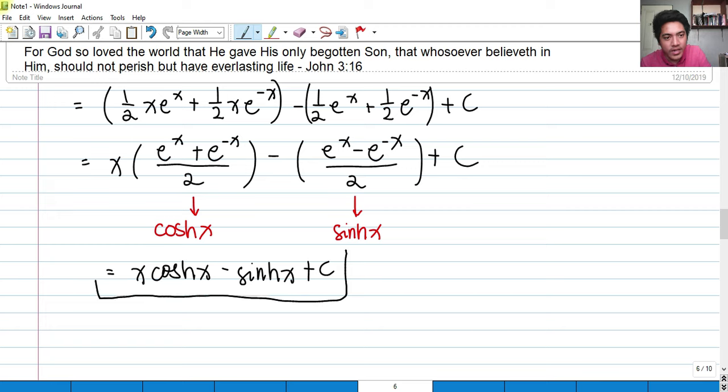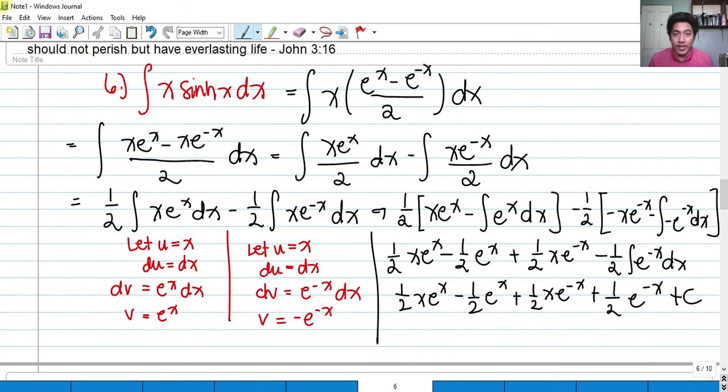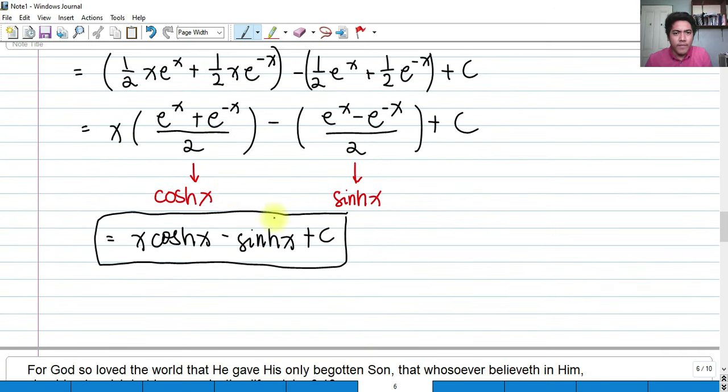That is our answer for that integral. And if you do integration by parts from the very beginning, you'll arrive at this answer. I've just shown you that this function can also be used if we integrate, and it would yield the same answer.